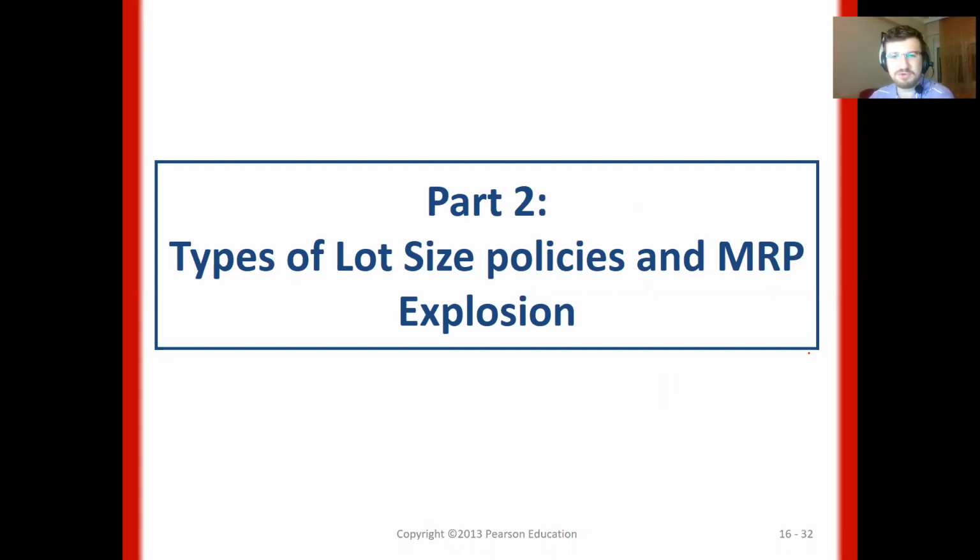And then I'll be talking about MRP explosion to determine planned order releases for each sub-assembly, each component, each child to meet the demand for the parent, okay?